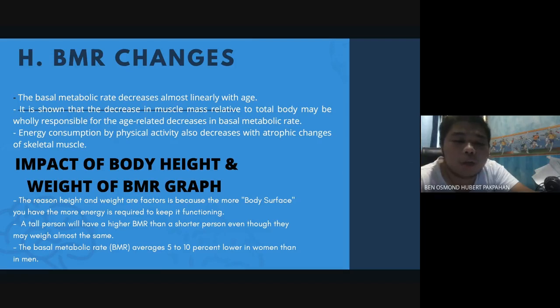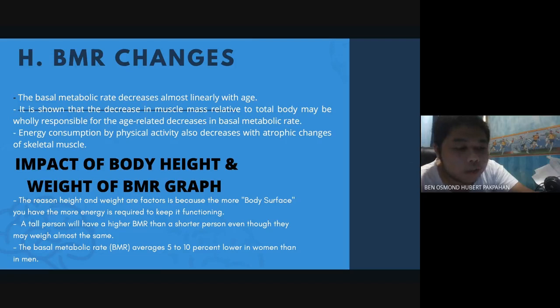As we get older, our BMR starts to decrease. This shows that the decrease in muscle mass relative to total body mass may be wholly responsible for the age-related decline in basal metabolic rate. Energy consumption by physical activity also decreases with atrophic changes of skeletal muscle.